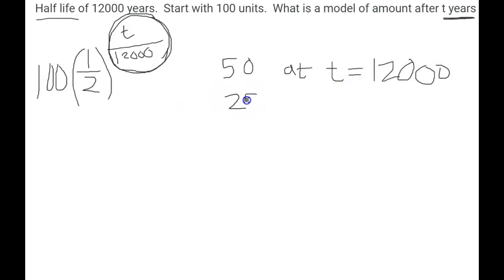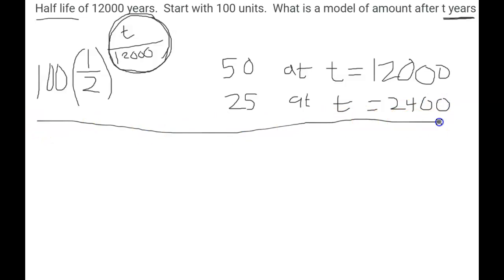25, right? That would be 2 half-lives. Well, to have 2 half-lives, you need to be doing the 1/2 squared, so you'd need T equals 24,000, and so on, right? Making the model is not the complex part. You just think to yourself in half-lives and then go, oh, one half-life is 12,000 years, I better divide T by 12,000.